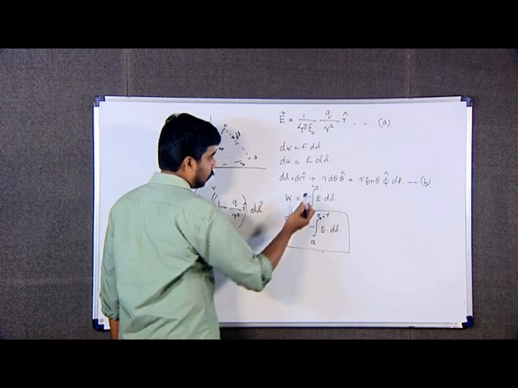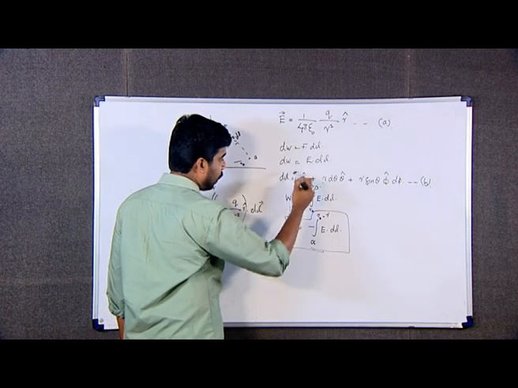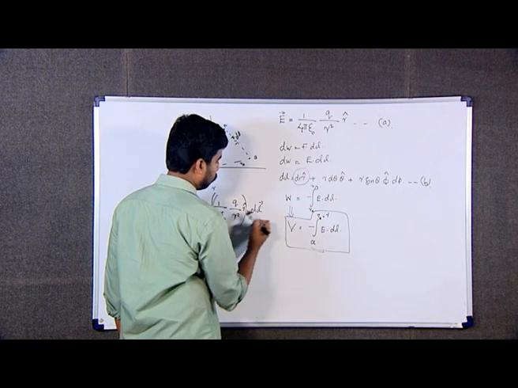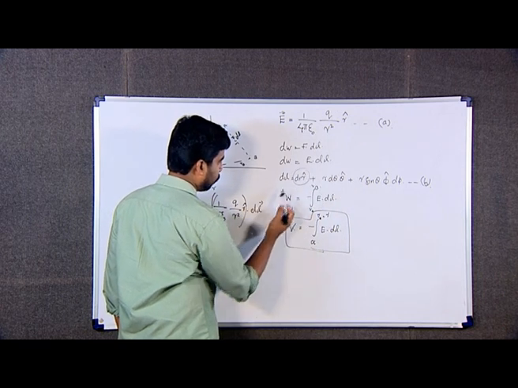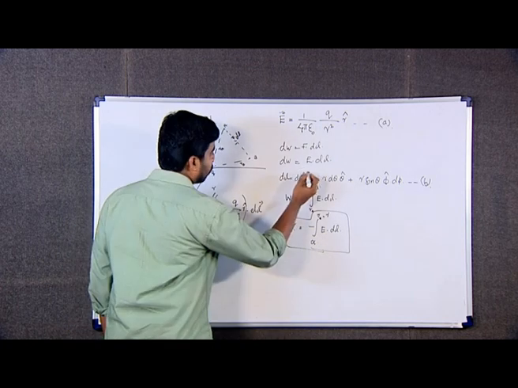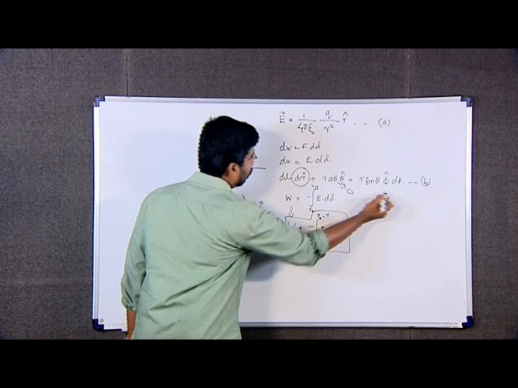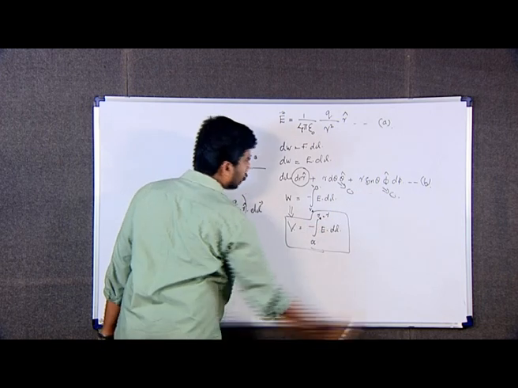As in the earlier case, on taking the dot product between dl and this E, only the first term will survive; all other terms will become 0.